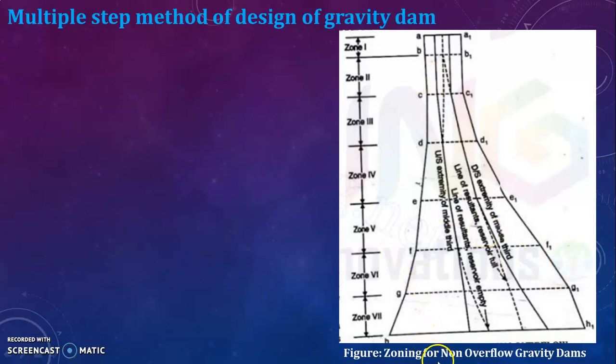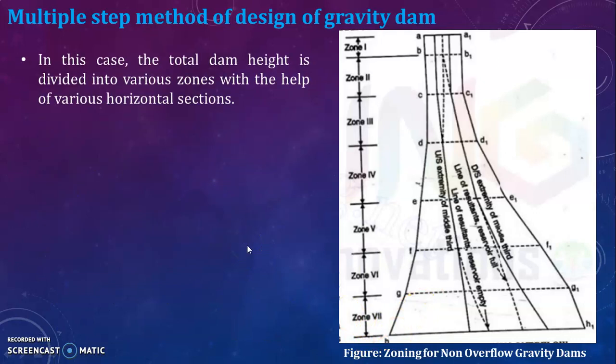This figure shows the zoning for non-overflow gravity dams. Here you can see there are different zones: zone 1, zone 2, zone 3, zone 4, zone 5, zone 6 and zone 7. In this case, the total dam height is divided into various zones with the help of various horizontal sections.